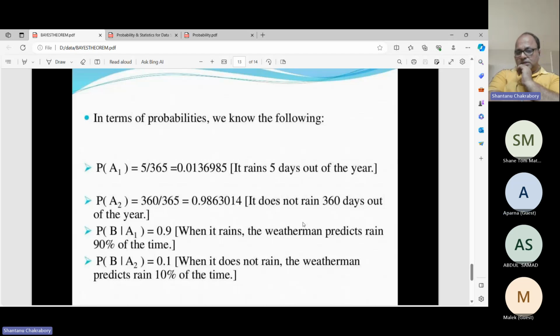Now the conditional probability. What is the probability that it rains and the weatherman predicts it rains? The weatherman predicts it rains 90% of the time when it rains, so that is 0.9.